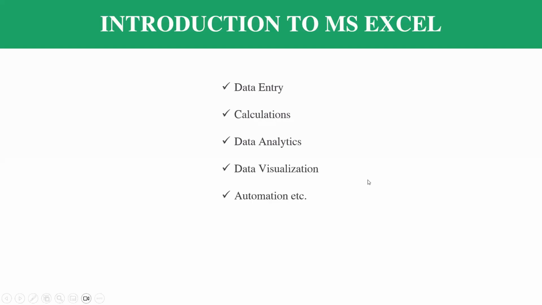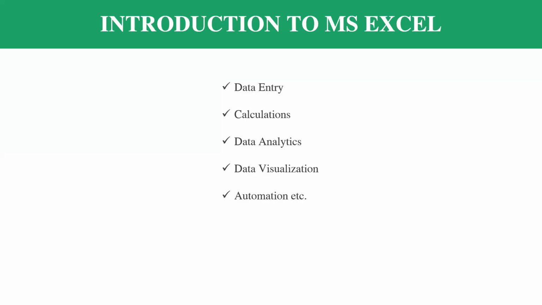Another thing you can do in Excel is automation. There are many automations you can do in Microsoft Excel to ease your work, so that work you do frequently can be automated. For example, anything you do weekly or monthly, a report or analysis, you can automate so that every month you don't need to repeat the same thing.